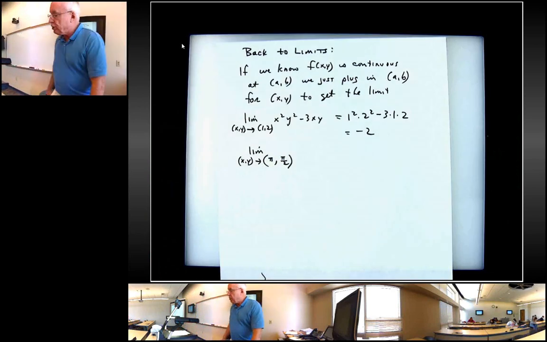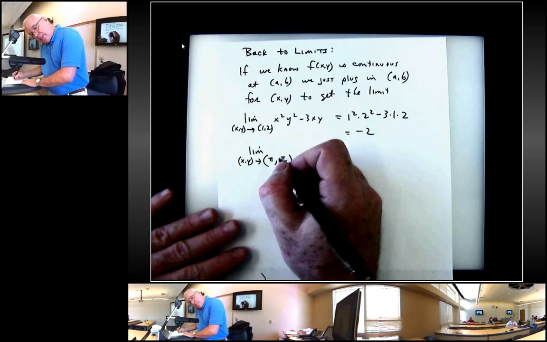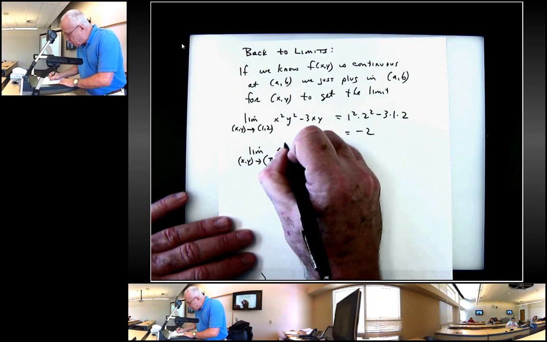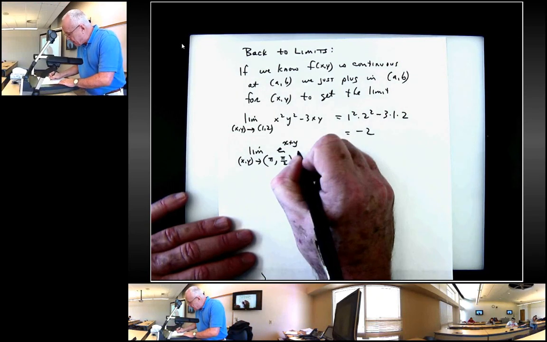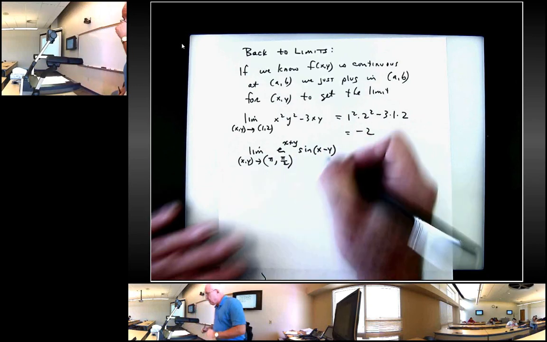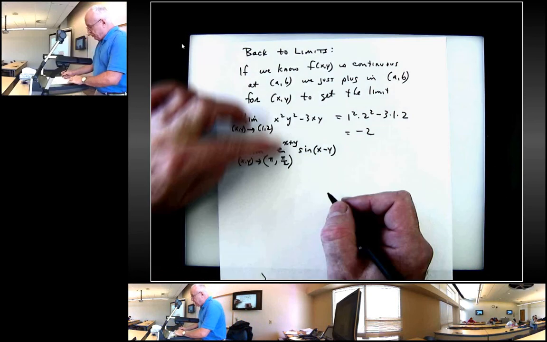So we're approaching the ordered pair pi comma pi over 2, and our function is e to the x plus y times the sine of x minus y. All right. So we just fill in our values, pi for x, pi over 2 for y.